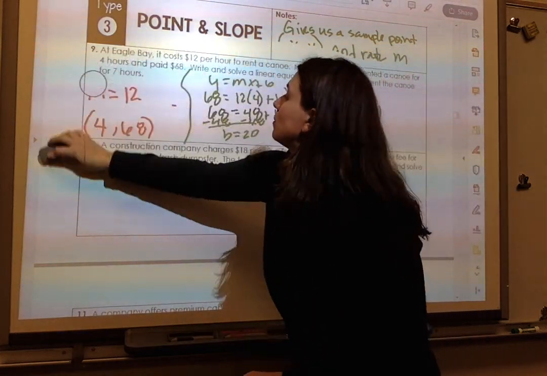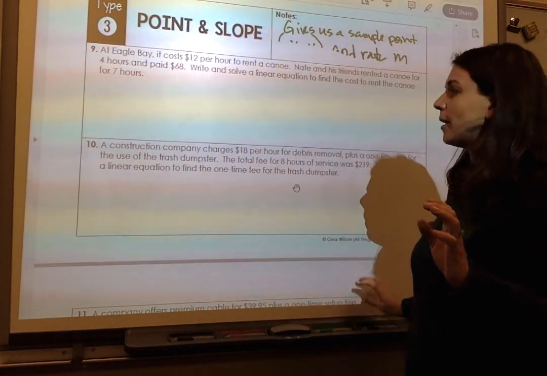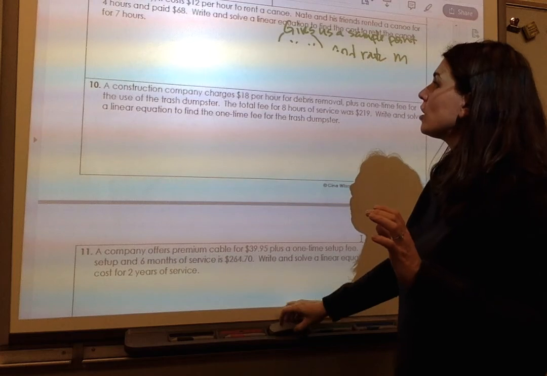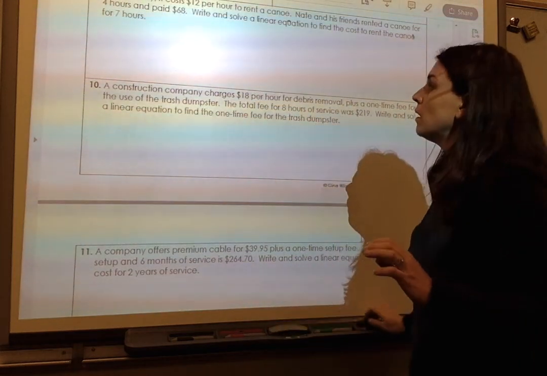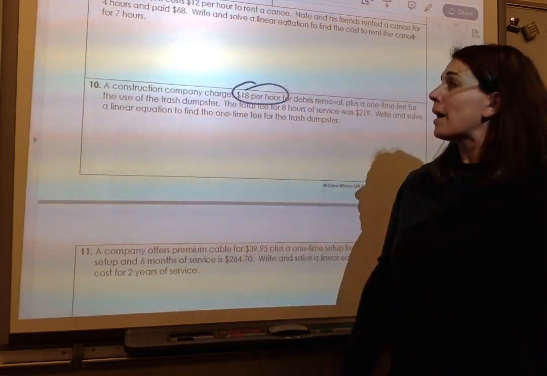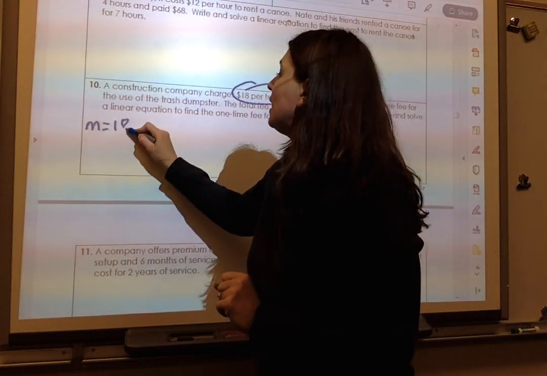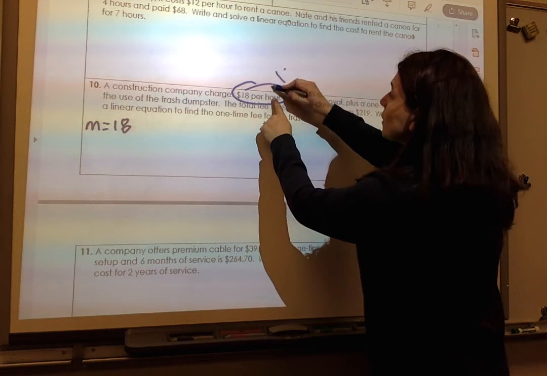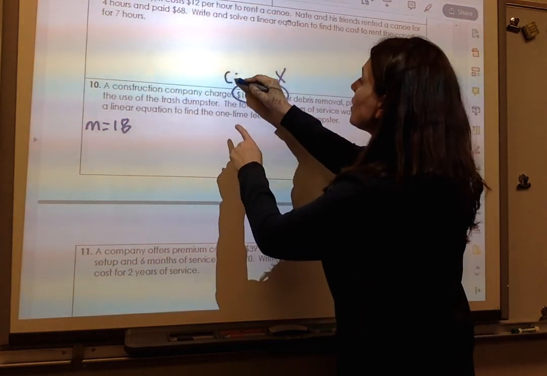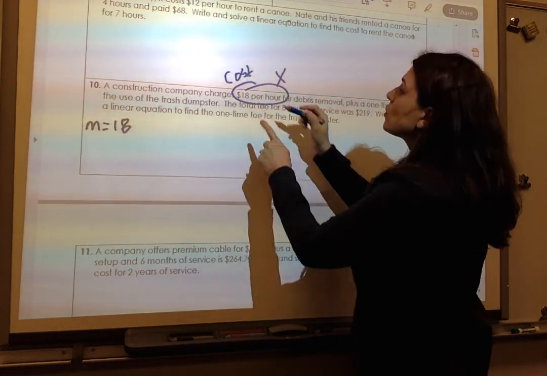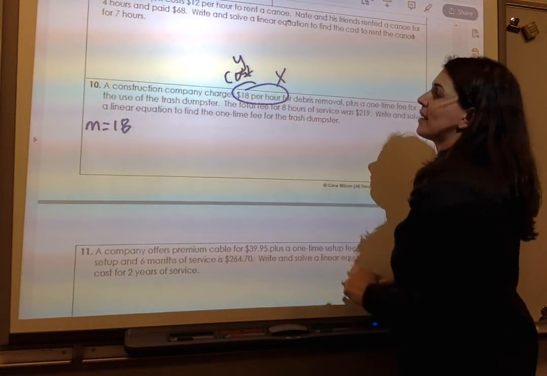Let's look at number 10. So a construction company charges $18 per hour. $18 per hour. My slope is 18, and already hour stands for x. This is cost because it's got a dollar sign. So cost is y, x is hours.